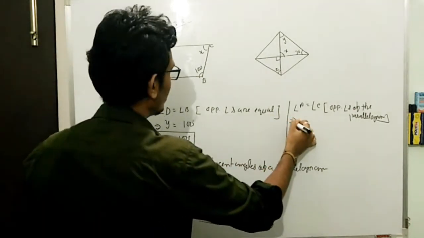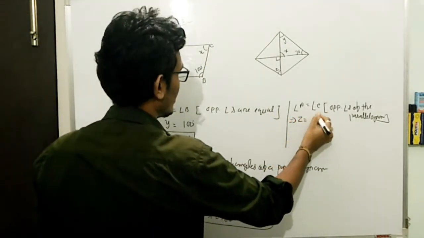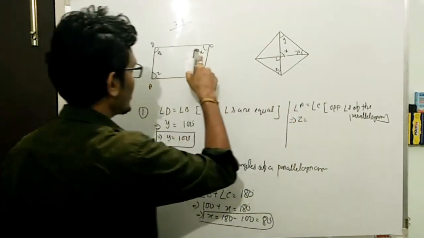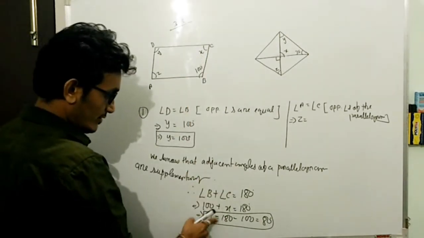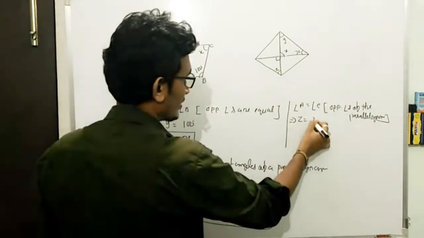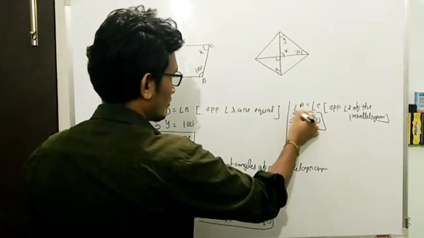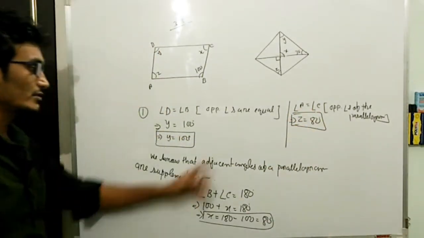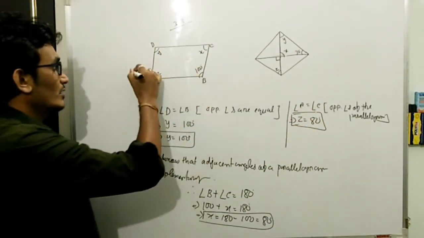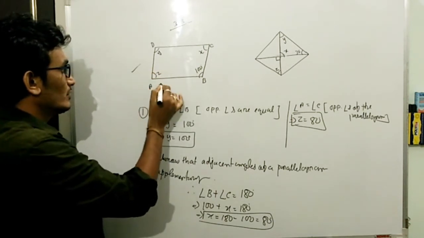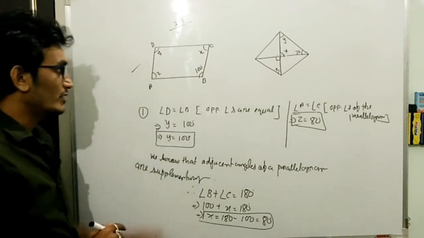So from here A is Z. C, how much do we get? C means X, so C is 80. So here Z is also 80. This is the solution of the question: find the value of X, Y, Z in the given figure.